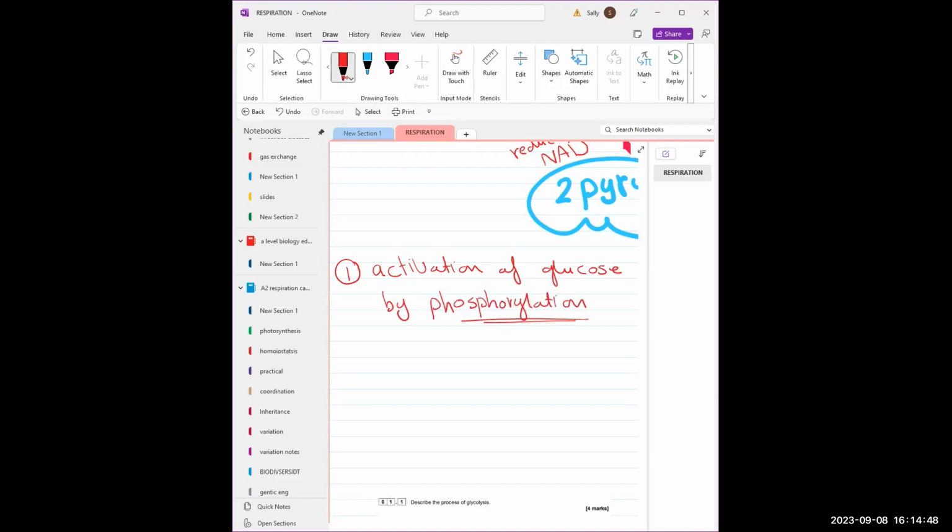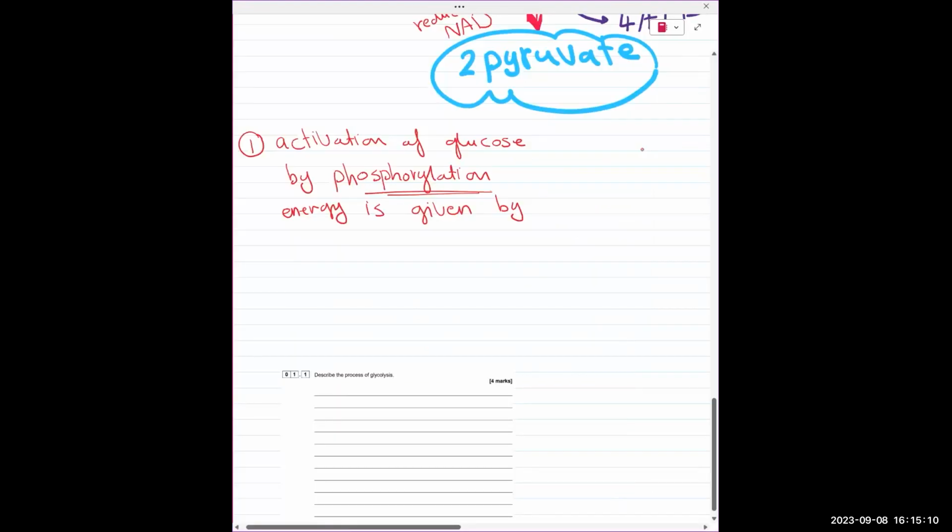Because one phosphate group is hydrolyzed from the ATP and gained by the glucose. So here energy is given by hydrolysis of 2 ATP to 2 ADP to provide energy for the glucose.